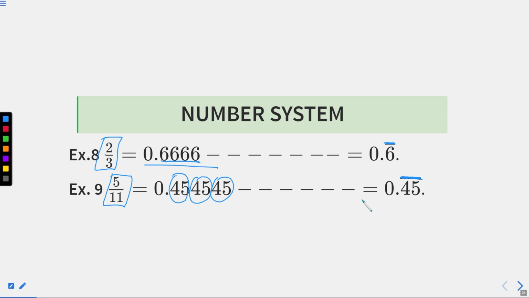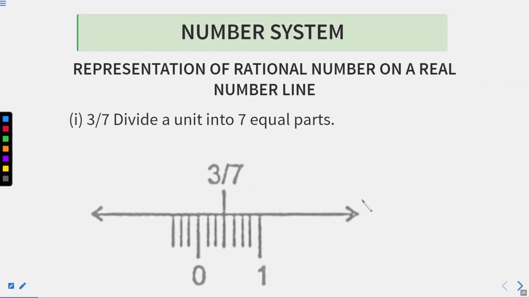Now let's see the representation of a rational number on a real number line. How are we going to represent our rational numbers on a real number line?